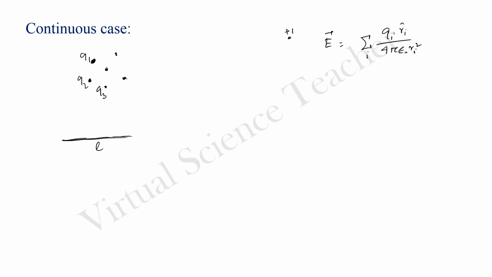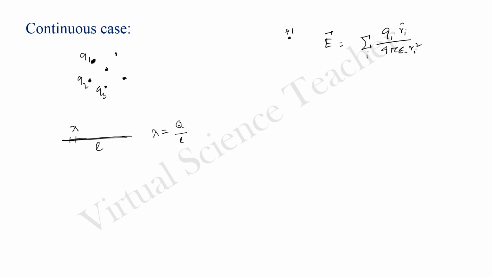For this case we have to consider the density. This is one dimensional and the charge is distributed over a line, and this is called line charge density, generally denoted by lambda. Line charge density means the charge per unit length.